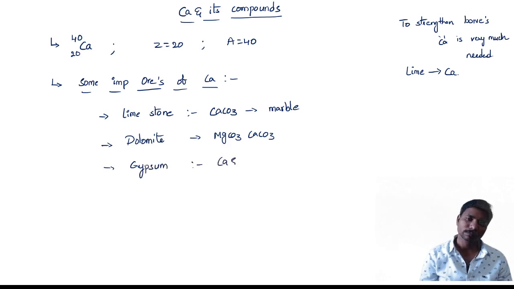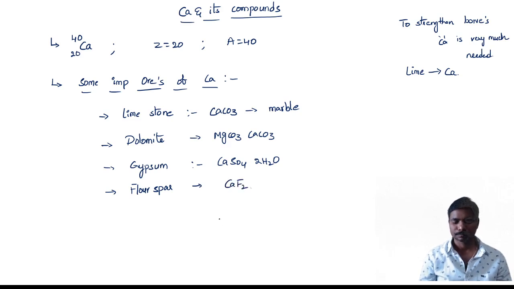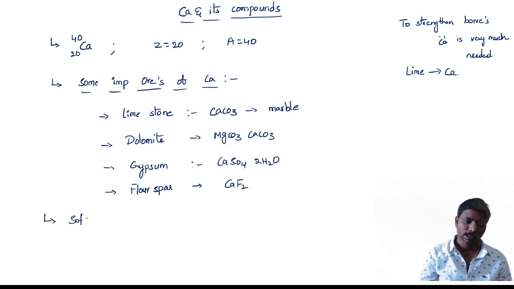And here one more important, gypsum. Gypsum is calcium sulfate with 2H2O. Half H2O is the POP. And fluorspar is calcium fluoride. And calcium is a soft and silvery white metal.